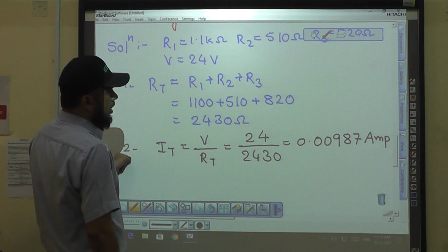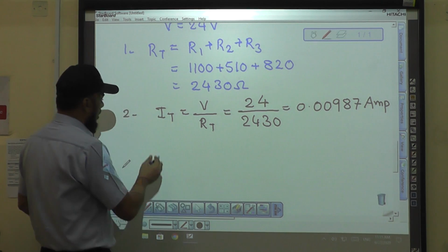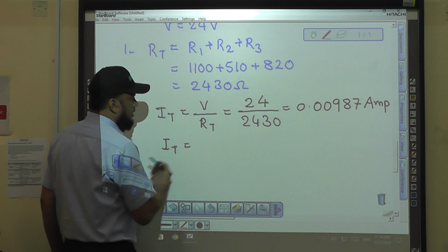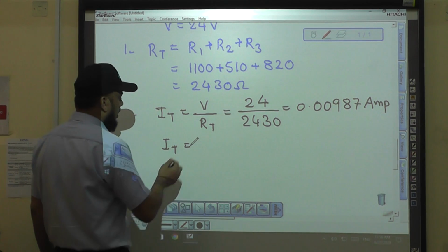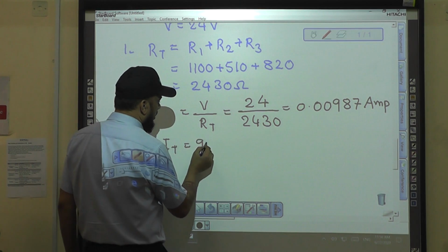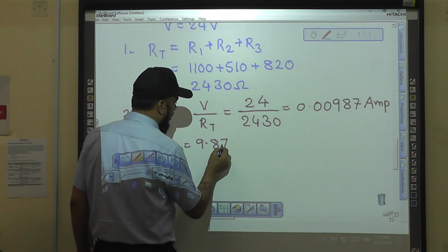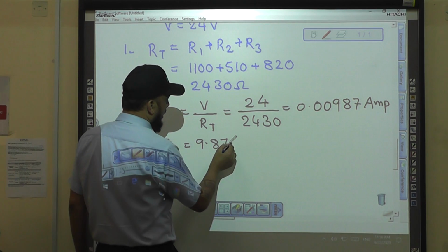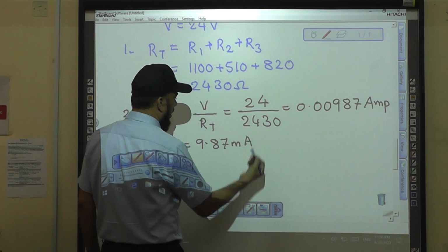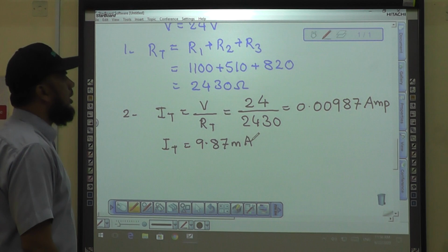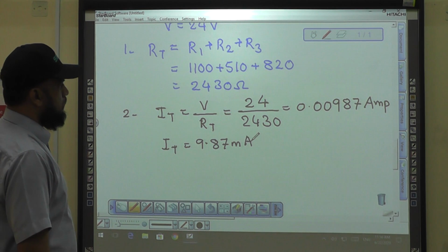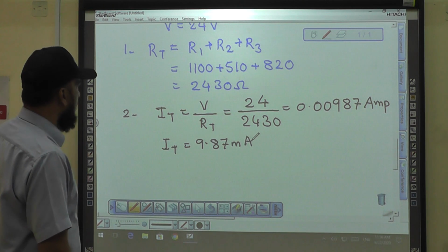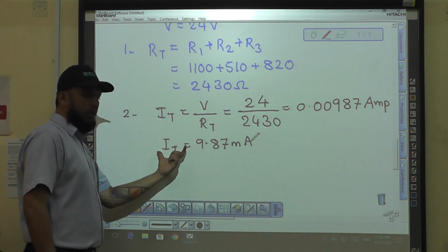Or we can convert it into milliampere by multiplying with 1000. It will be 9.87 milliampere. Multiply by 1000 to convert ampere to milliampere. So we get the total current.